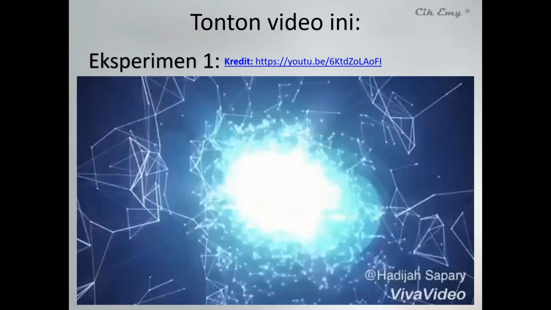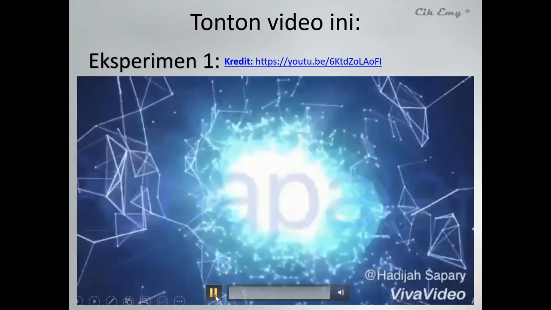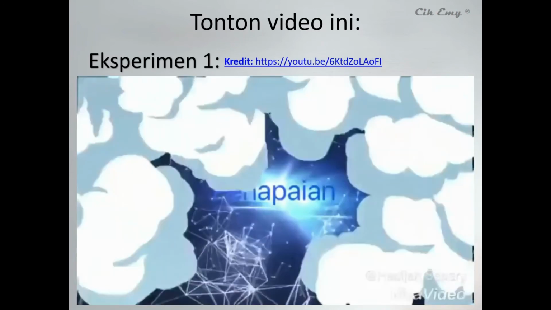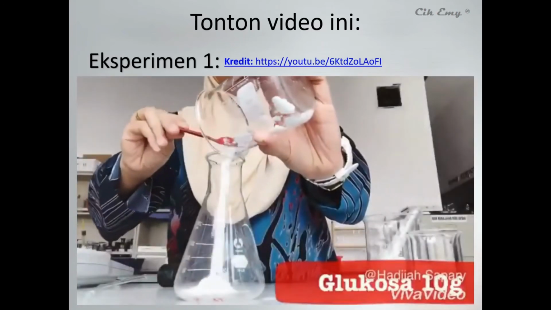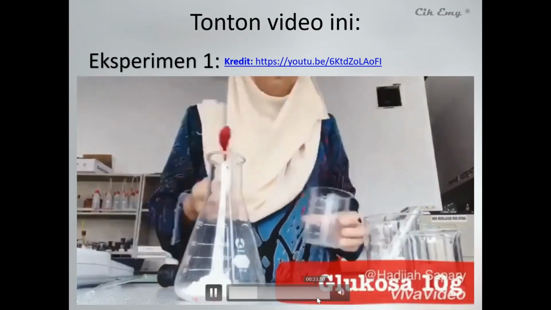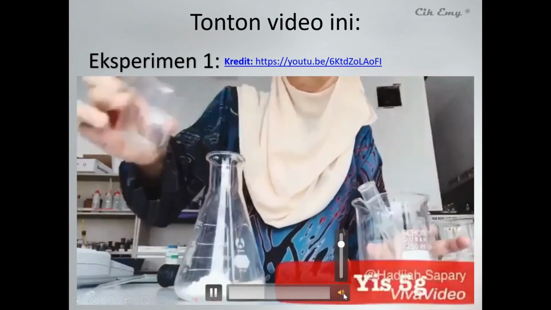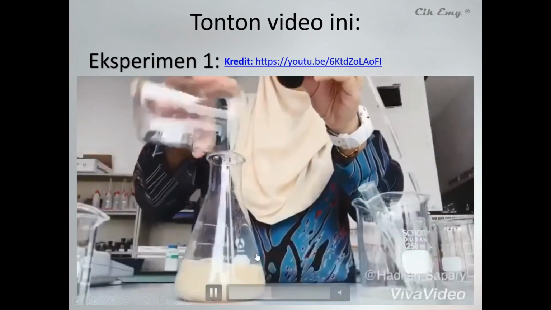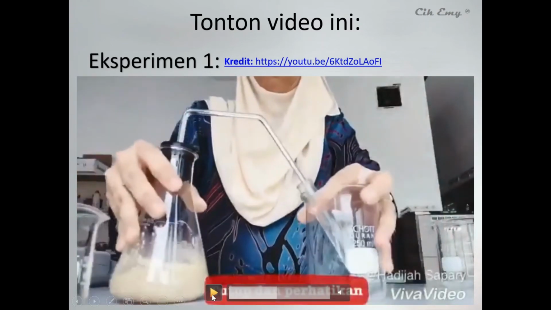Okey, kita tengok dulu untuk eksperimen yang pertama. Eksperimen ni kita dah buat masa sebelum PKP hari tu. Tadi awak masukkan yeast dengan glukosa, air gula dengan air dengan yeast.